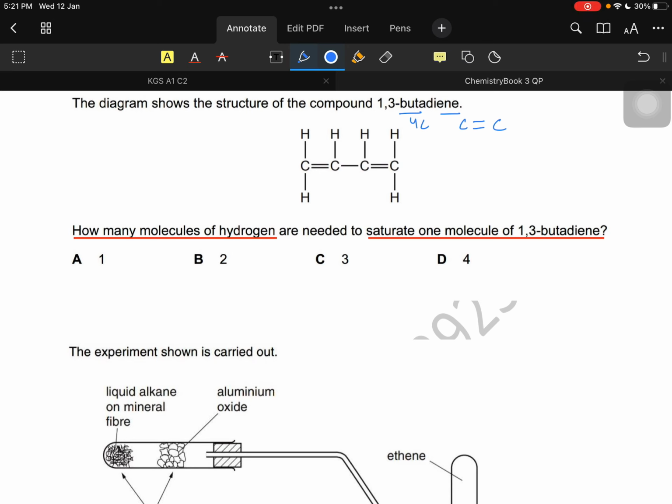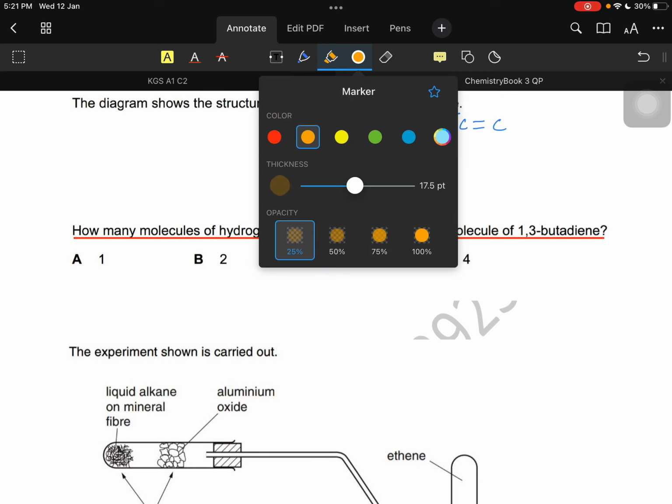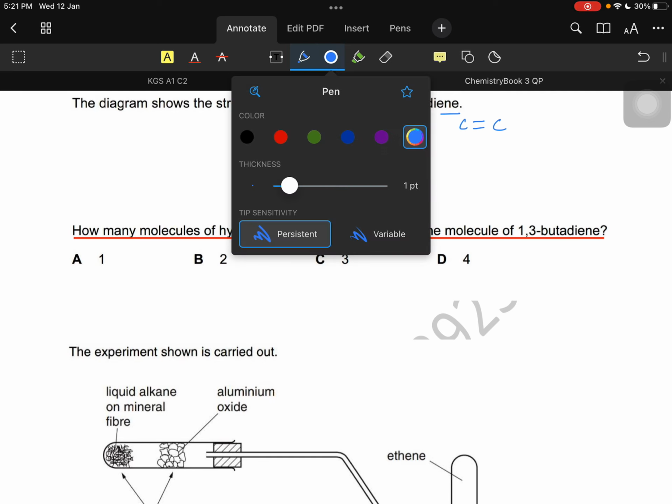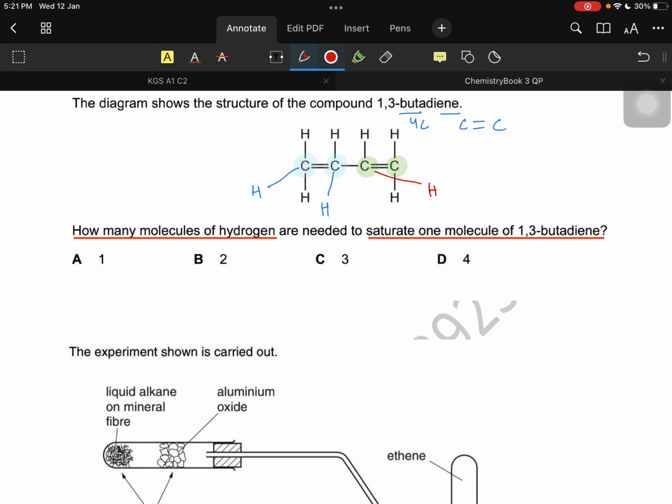If I'm not wrong, I can see that there are 2 double bonds, one over here and one over here. One hydrogen atom is going to come onto each of these carbons, one over here and one over here. So a total of 2 hydrogen atoms are going to come on at this double bond.